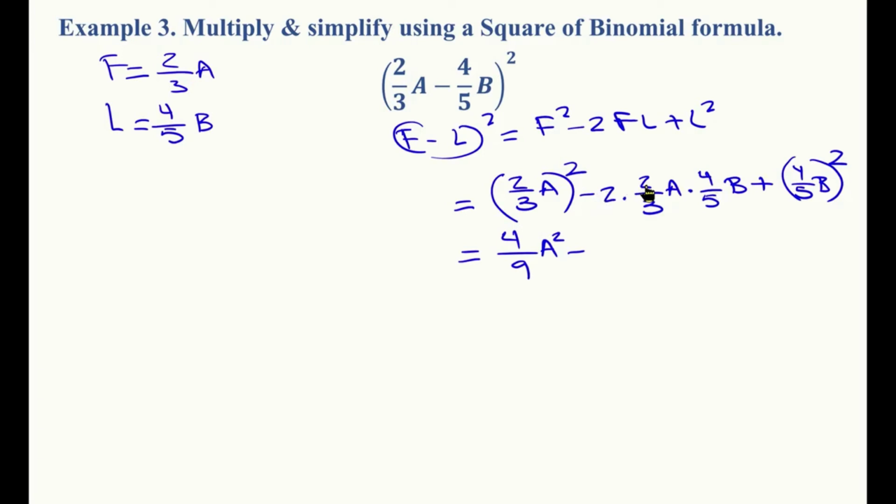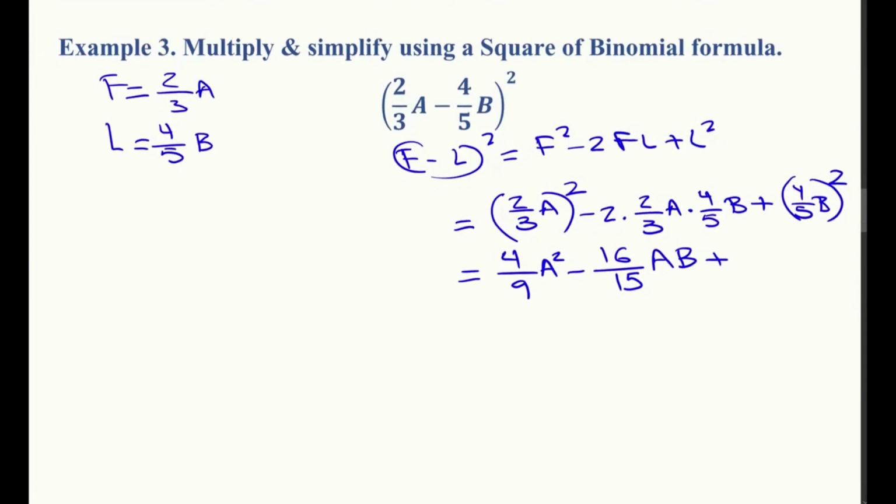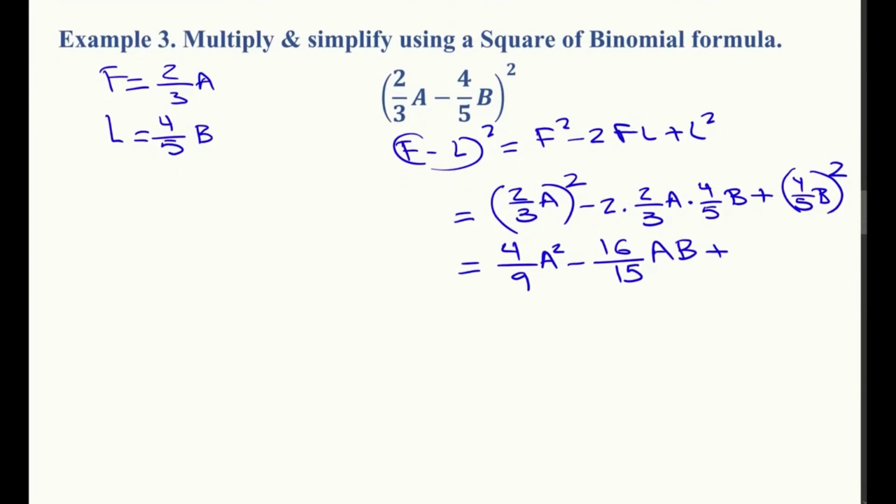So 2 times 2 is 4, times 4 is 16, over 3 times 5 is 15, and then that's going to be times ab, and plus, now 4/5 squared, we know that's 16 over 25, and we're going to square the b as well.